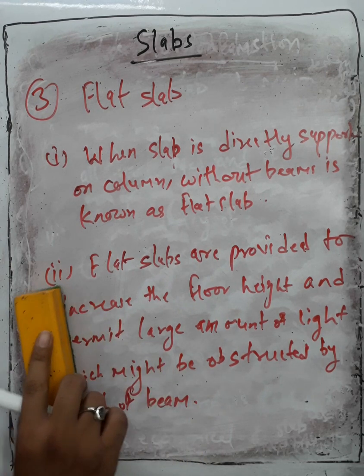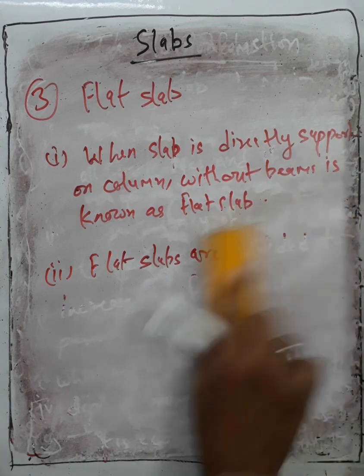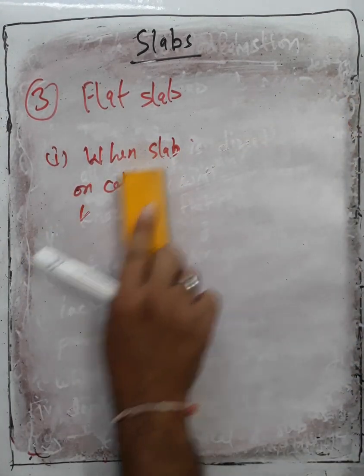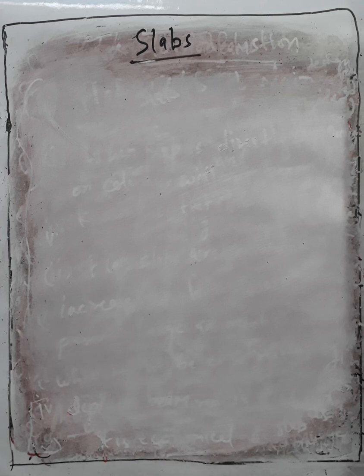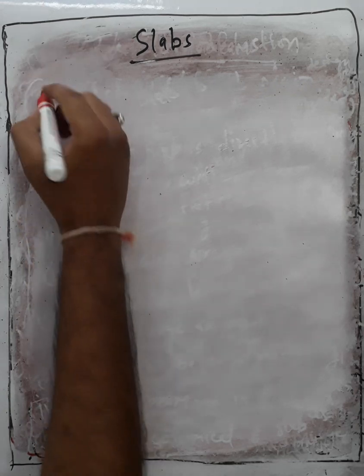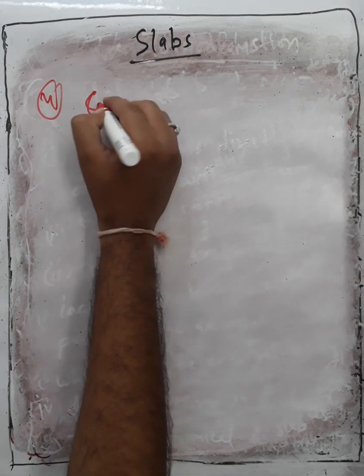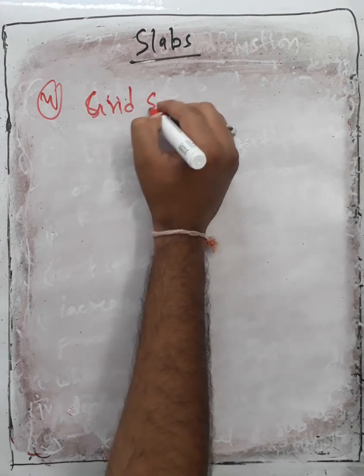Okay. Now the fourth one is the grid slab.